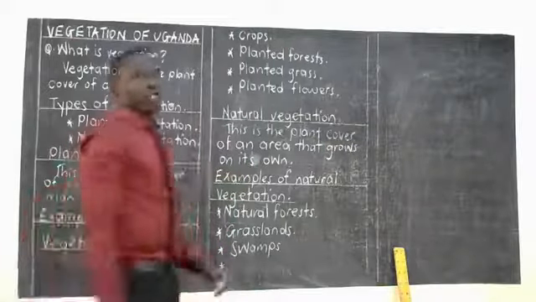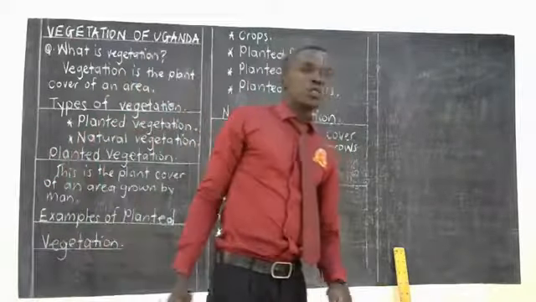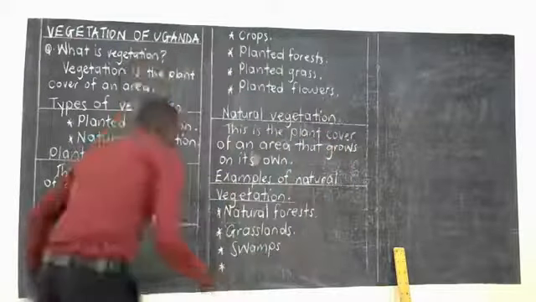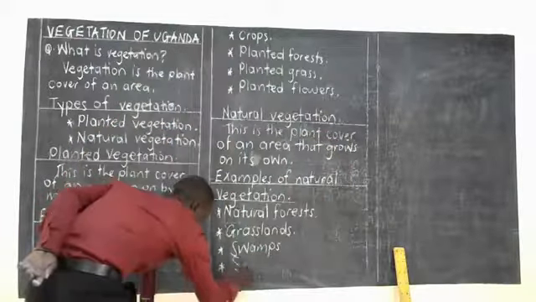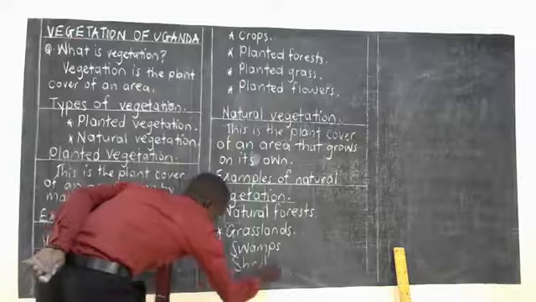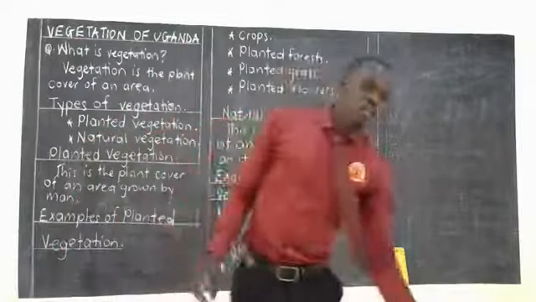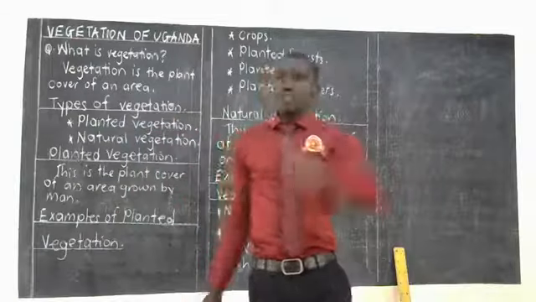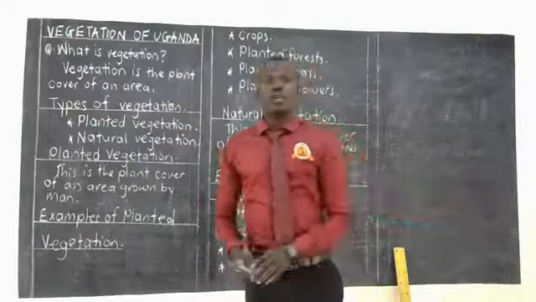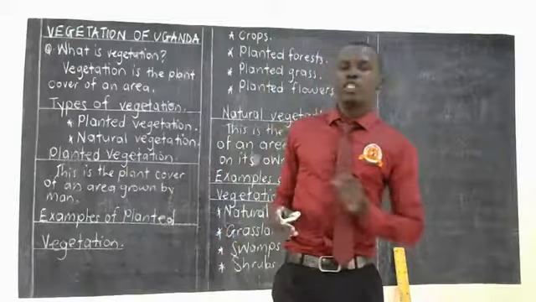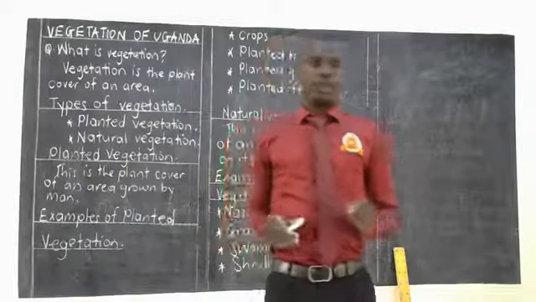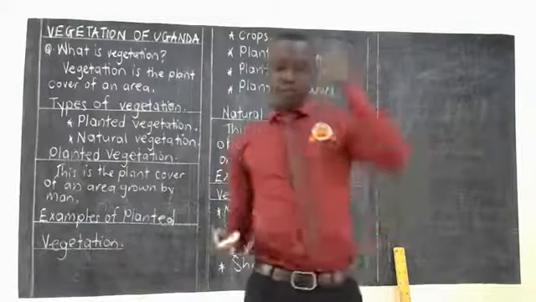Then we also have shrubs. Shrubs grow in semi-arid areas. When we say semi-arid areas, we mean those areas that receive very little rainfall.